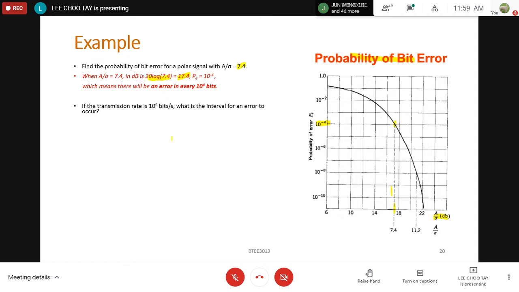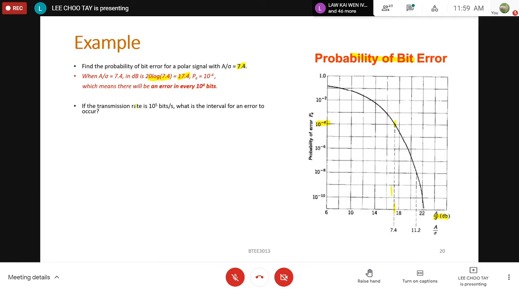Okay, so if the transmission rate is 10 to the power of 5 bits per second, what is the interval for an error to occur? Now I send 100,000 bits in 1 second. How long does it take for an error to occur, and then to be detected? We know there is one error every 10 to the power of 4 bits.